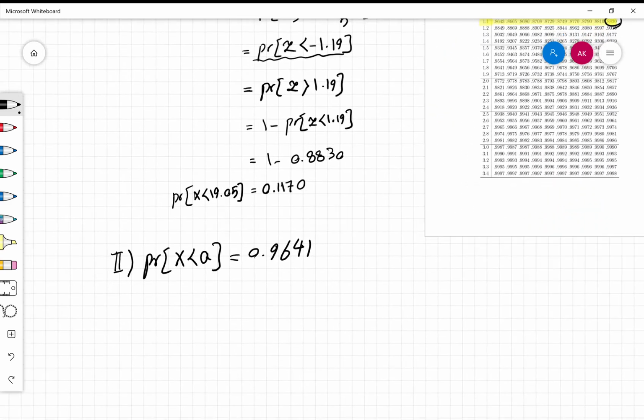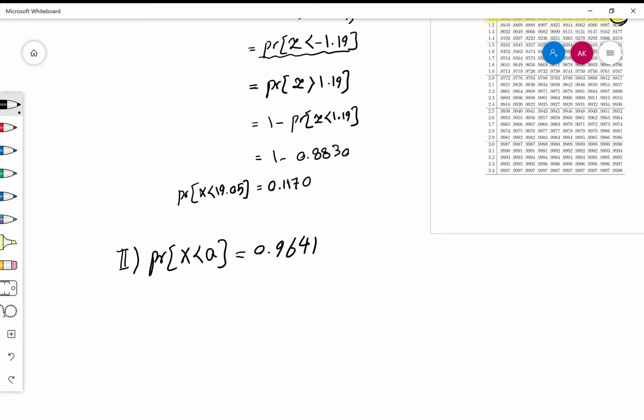Okay, I don't know what is a, but if I can turn this x to z, I can somehow use the table here. What happens is that I can do x minus 25 again, so a minus 25 over 5. I didn't change anything, so the probability will stay the same.